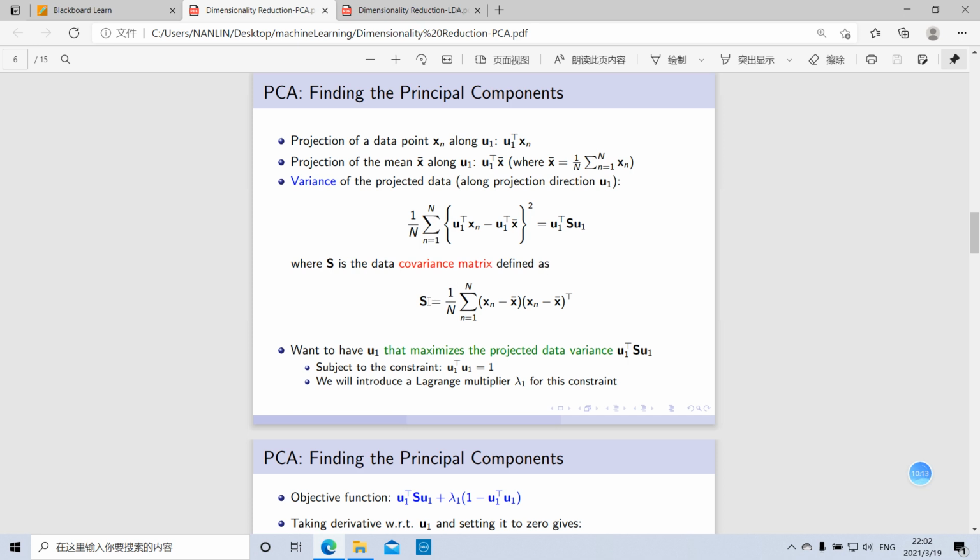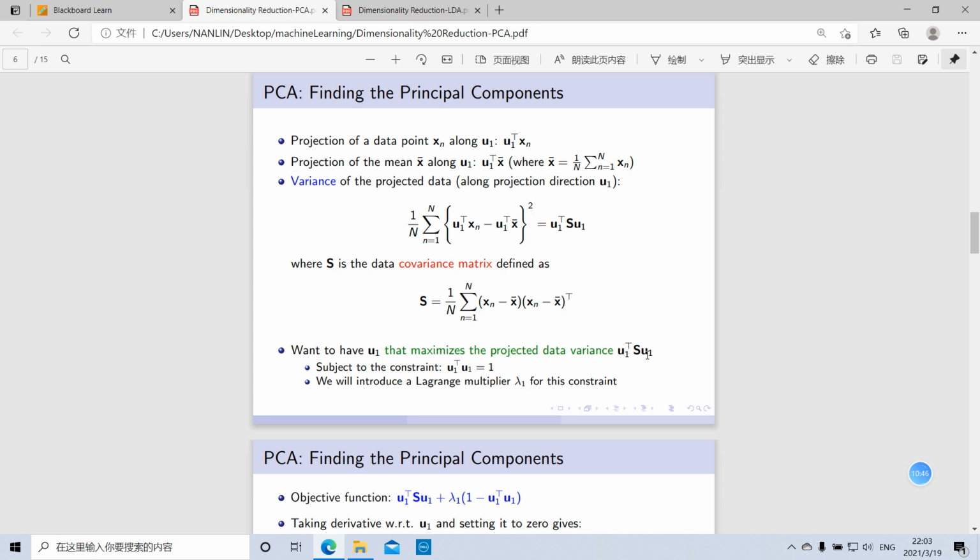So if we think one component is the first principal component, it must maximize the projected data variance. If you have another component, for example U2 or U3, which has a higher variance than U1, then that one will become the most important principal component, or the first principal component.